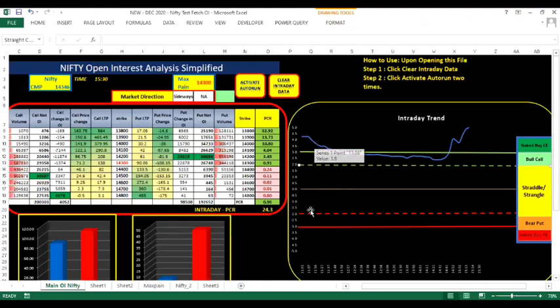Yesterday when I started this file at 11:01, the intraday PCR was indicating a value of about 4.3, which was much above 3, which means what? It means if the intraday PCR starts moving from the 0 level and touches 2 and breaches 2, then we can very safely say that the market has now attained a bullish tone.